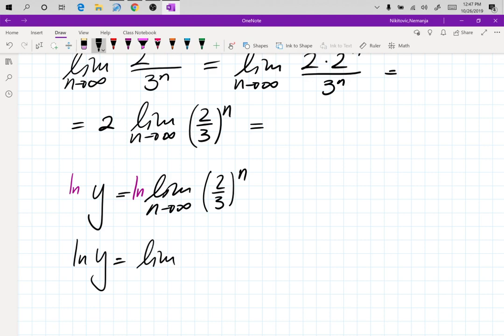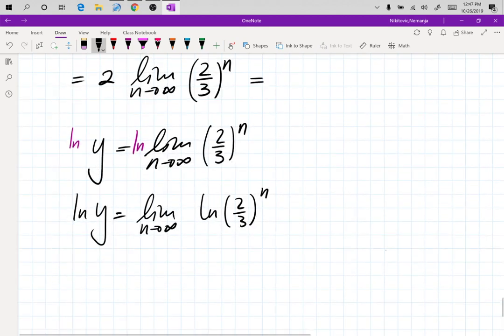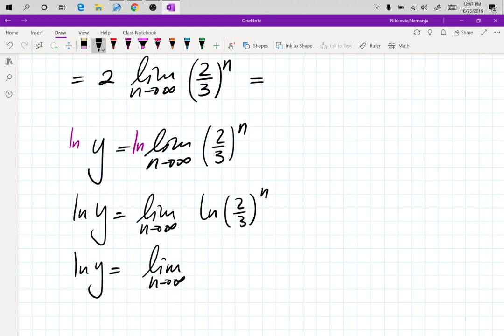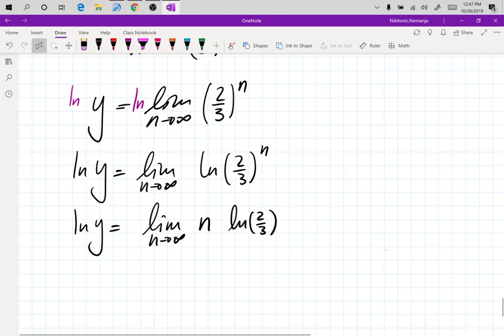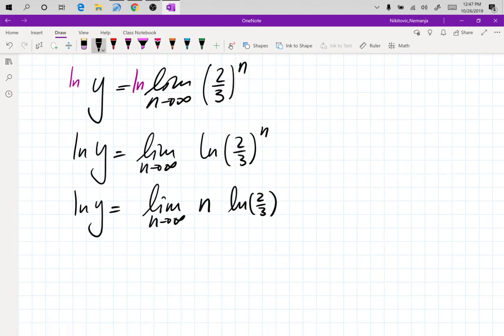So limit n goes to infinity of ln of 2/3 to the n. So now ln y is equal to the limit n goes to infinity, and then I have n drop in front, and I have just ln of 2/3. Now, when n goes to infinity, the whole thing goes to infinity. So now I just have that ln y equals infinity.